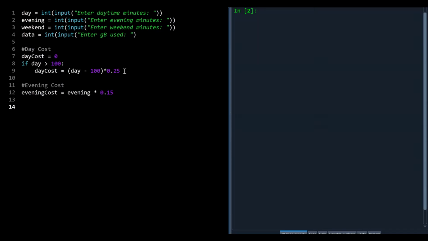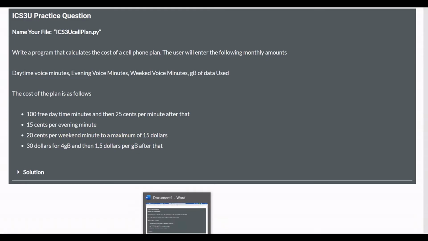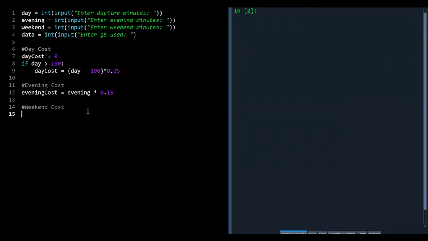Now the weekend cost. So what did the weekend cost say again? It said it's 20 cents per weekend minute to a maximum of $15. All right, so let's calculate that weekend cost, just like we did before, times 20 cents a minute.